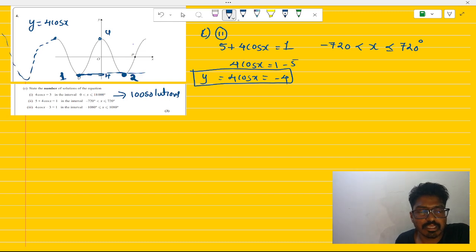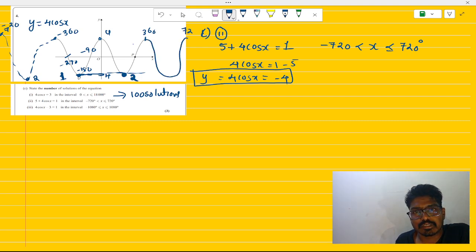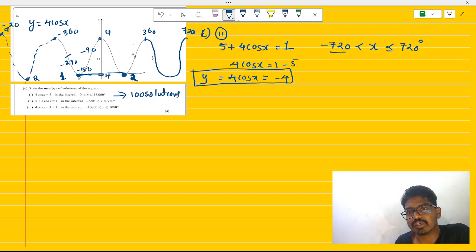Here it will be 0, negative 90, negative 180, negative 270, negative 360, and if you continue again, this would be negative 720. So this would be another point it will be touching. So 1, 2 total, and then here it would be positive 360. Again, if you extend the graph, it would become 720.